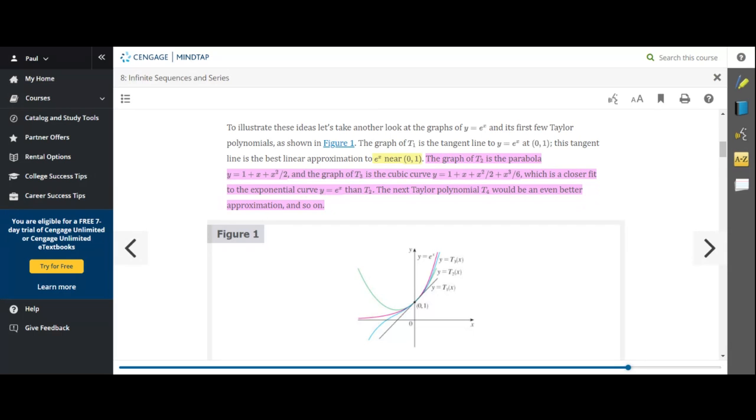And that makes sense because the more terms you take of the Taylor series, the better the polynomial is going to approximate your function, and it'll do it over a wider range of x values. Look at figure 1. Which Taylor polynomial does the best job in approximating e to the x power? Is it T1, T2, or T3?